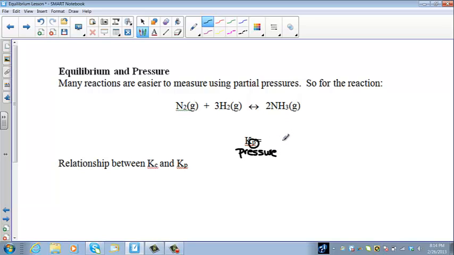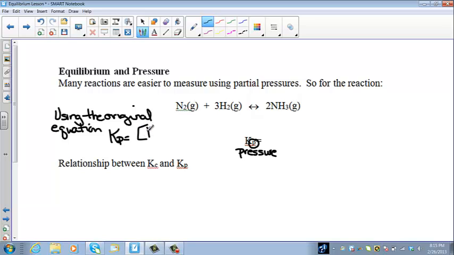if we were to set this up, well, let me show you what the original setup, or the original equation that I used as an example, where I had C to the nth, D to the mth over A to the J, and B to the K at the top of the page. If I did that for pressure, it would look like this, Kp, because it's pressure.